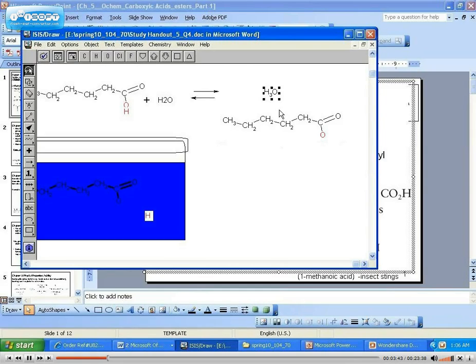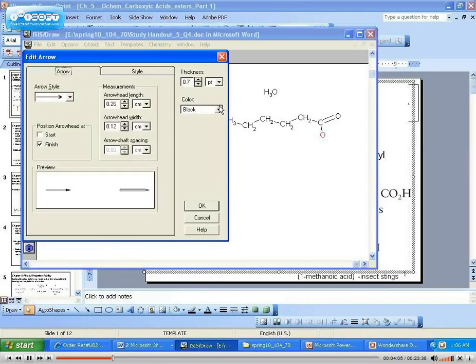Just as soon as the hydrogen pops off in this weak acid, the hydrogen can be put right back on the oxygen. If you notice these two arrows, just as soon as you have a forward reaction where the hydrogen comes off, the hydrogen can be put back on in a reverse reaction.